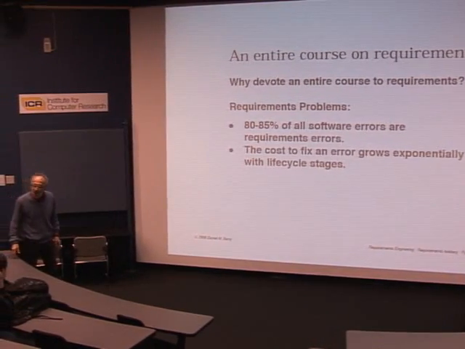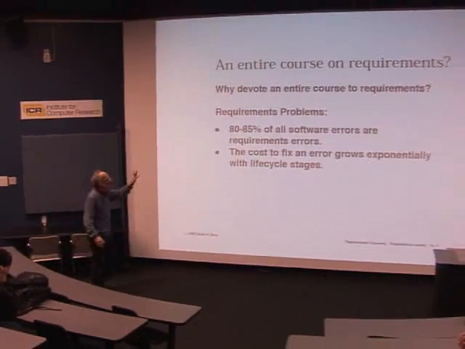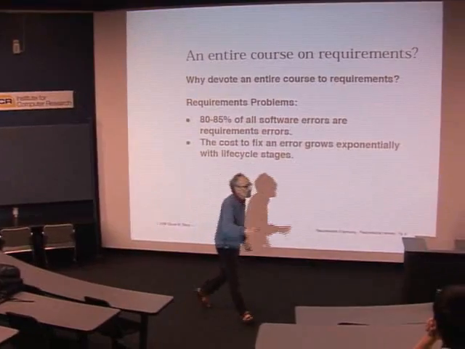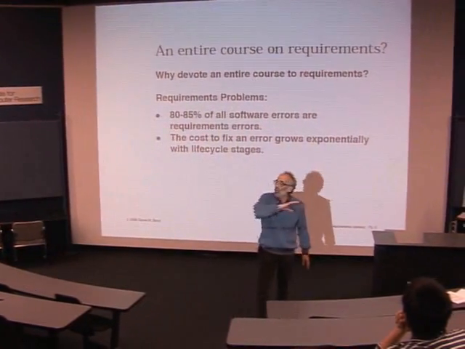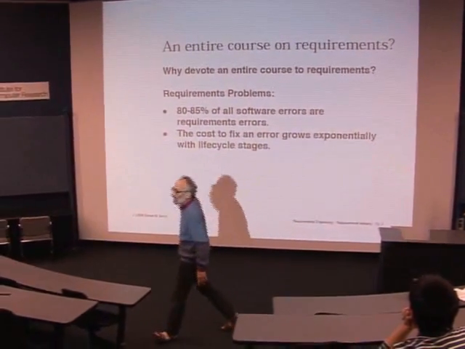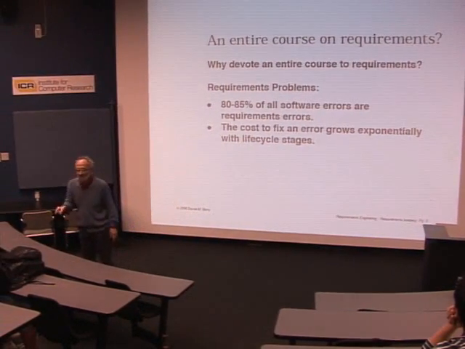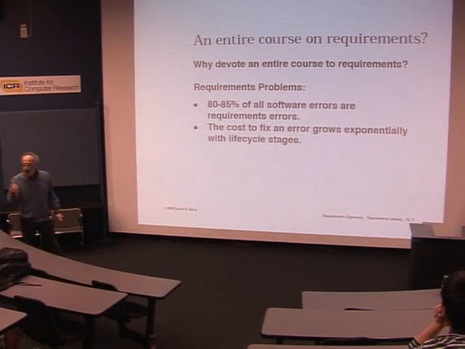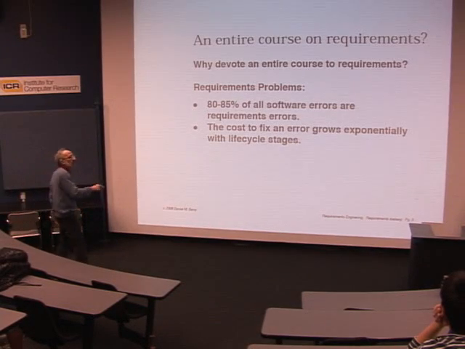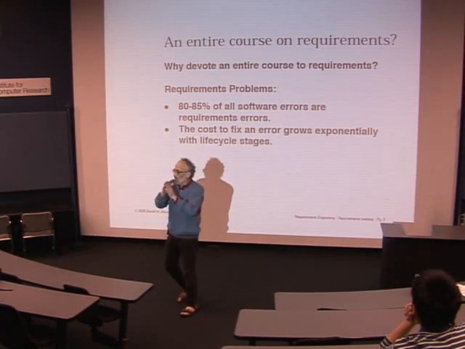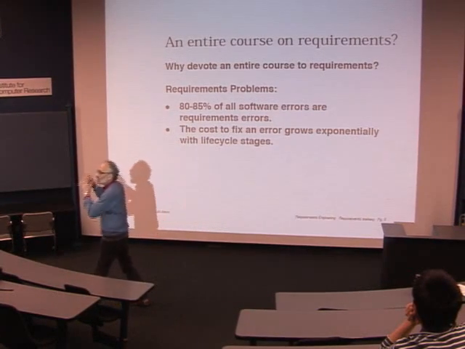Next. Now, why an entire course on specification? Well, we've learned that 80 to 85% of all software errors that are discovered at any time during the life of a program can be traced back to bad requirements. And we've also learned that the cost to fix an error grows exponentially with the life cycle stage.